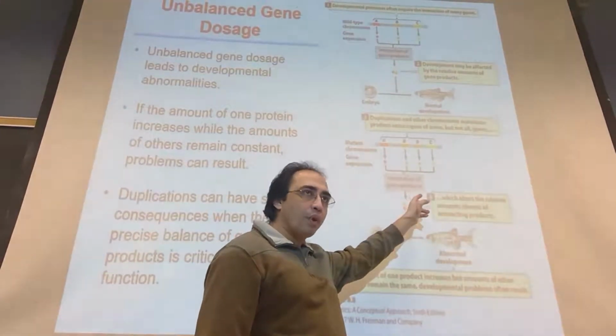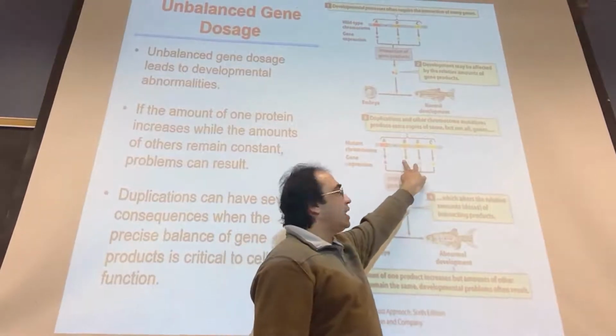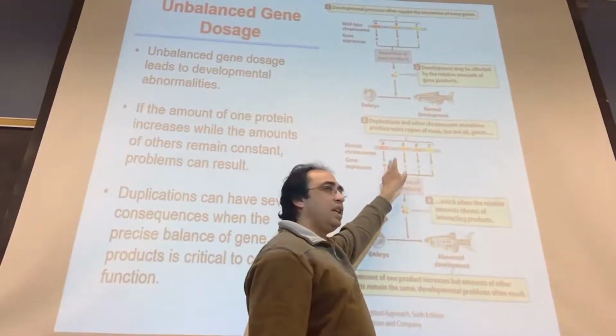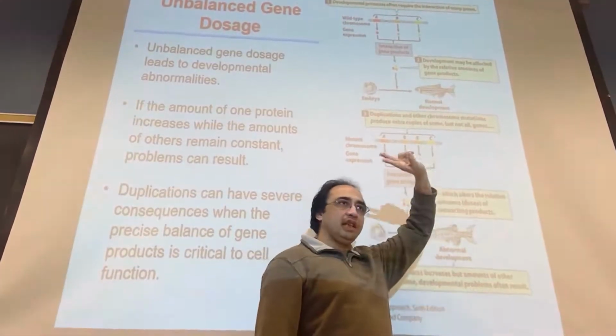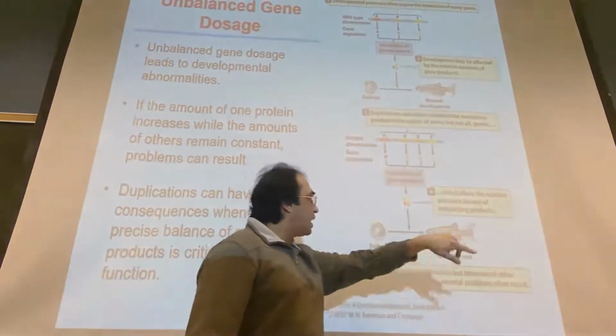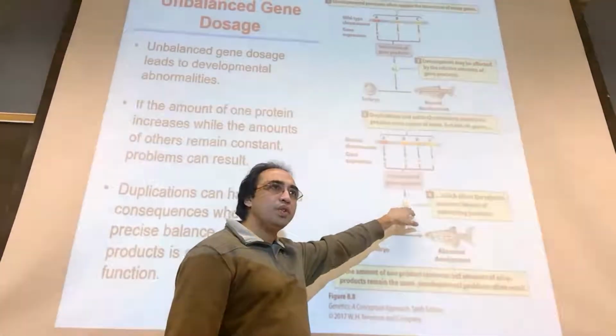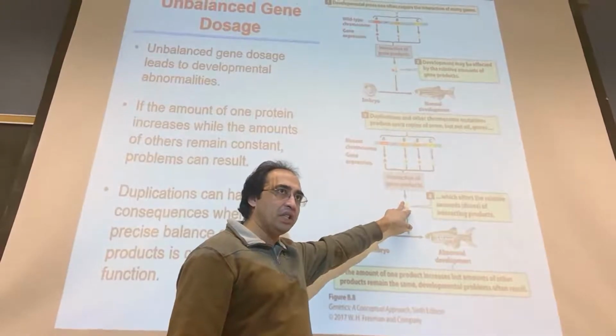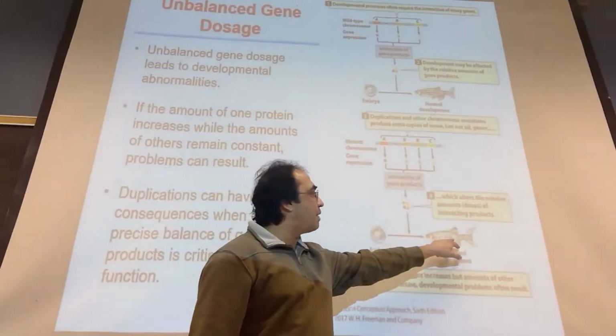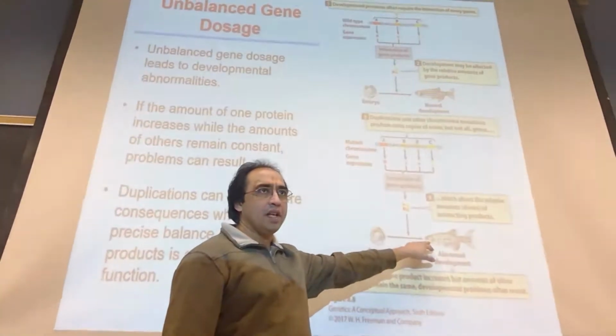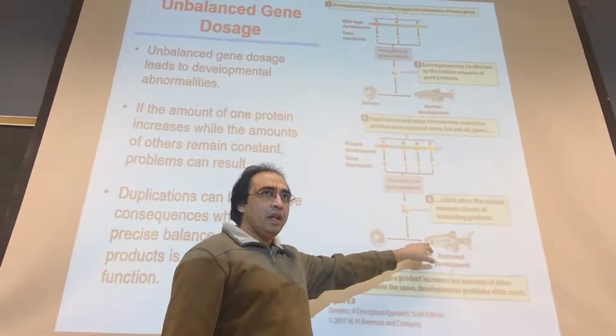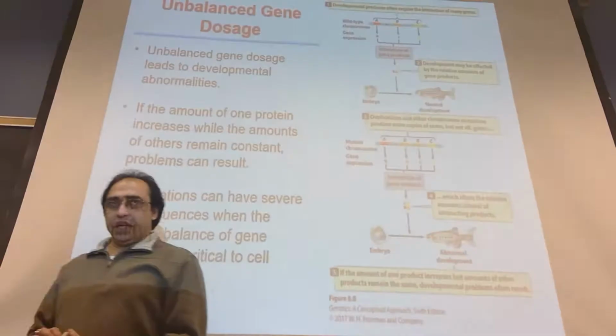They will create more proteins. So it is in double dose. The red gene is in one dose and the yellow gene is in one dose. In such case, if that dose is too much for the orange gene, then they can have some kind of abnormalities here. This is the effect of duplication.